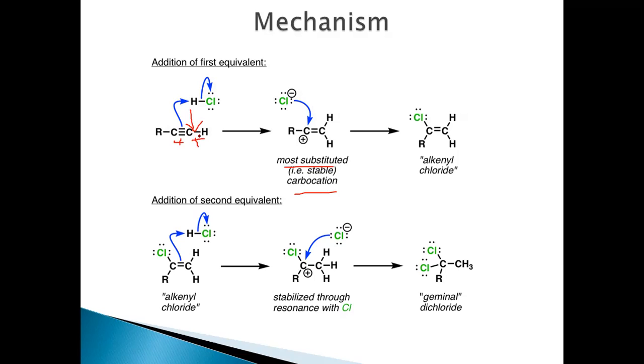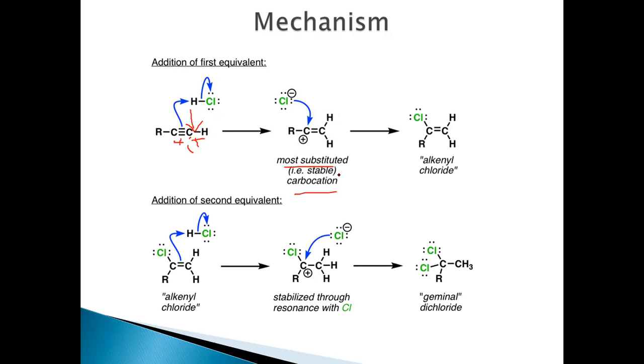When the positive charge is developed on the other carbon, it results in a primary carbocation, that is a vinyl carbocation, which is less stable. So the H will attack the carbon with more hydrogens.